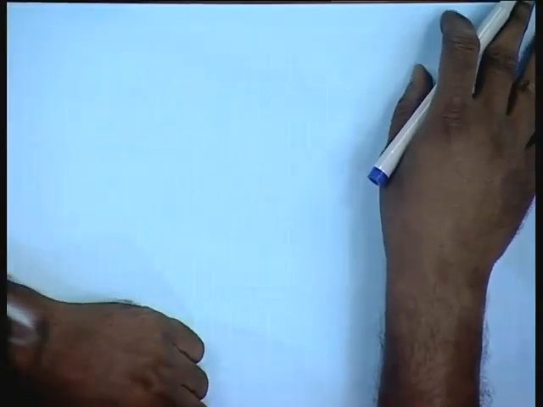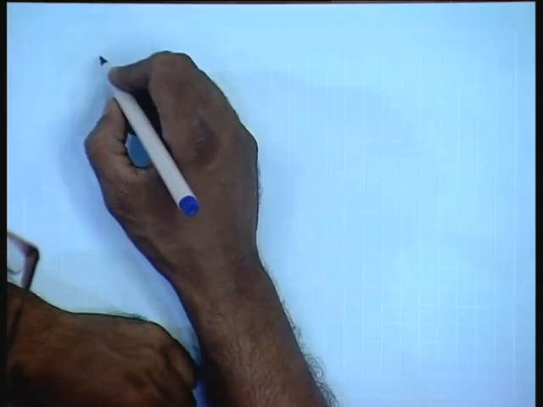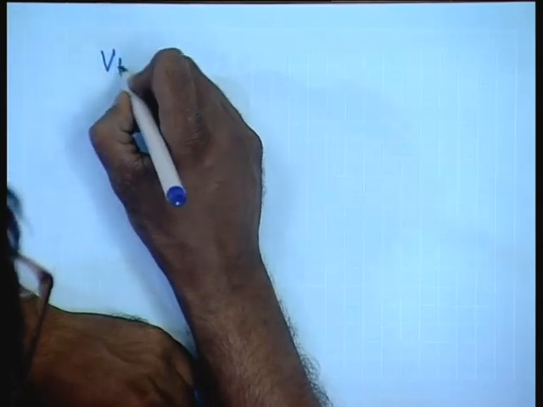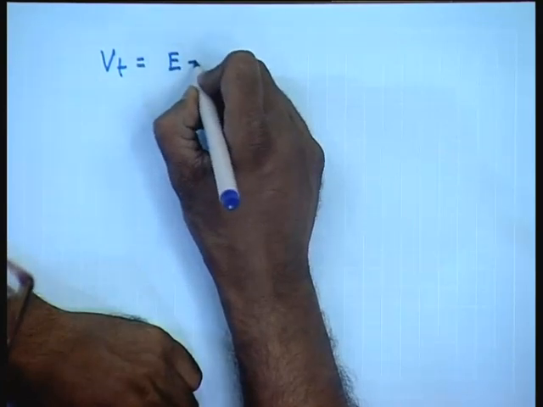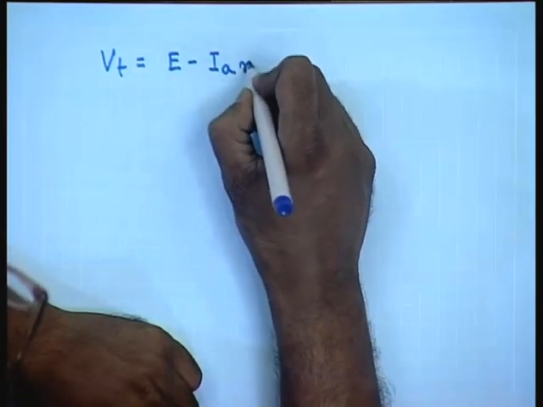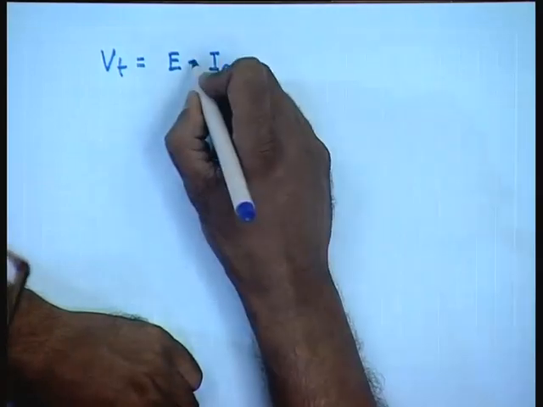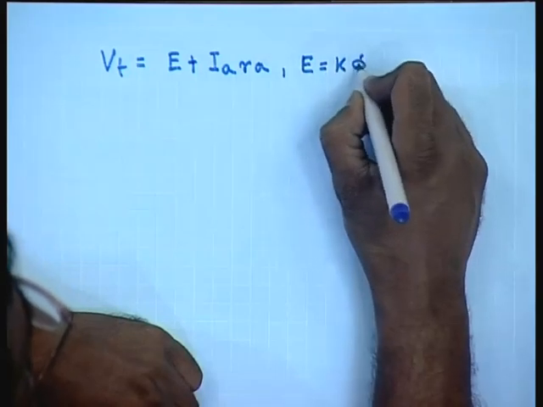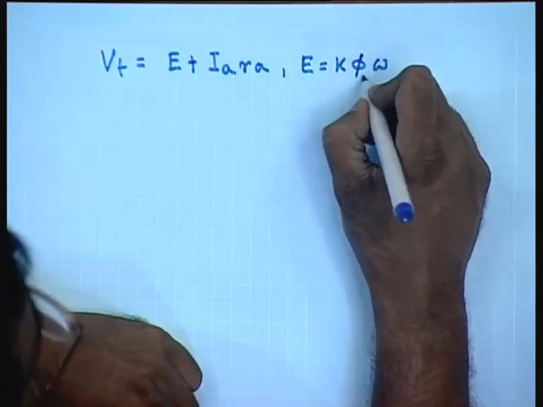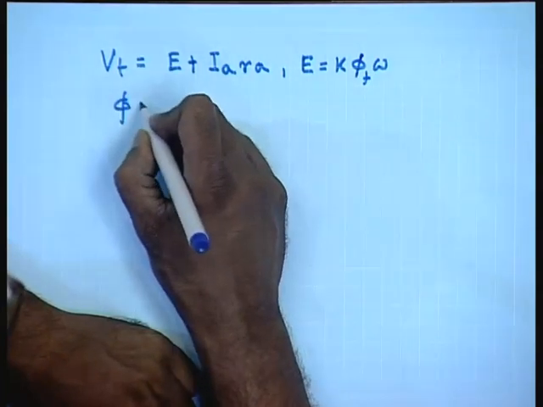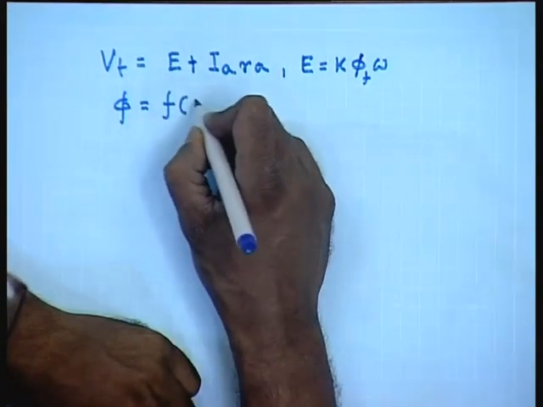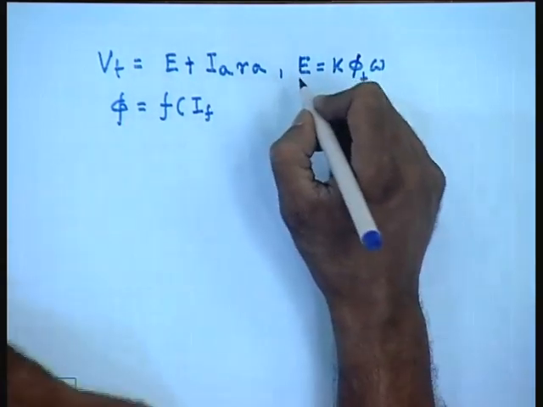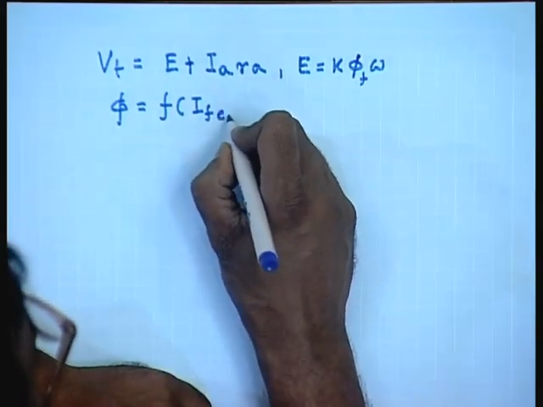Now, so far we have neglected armature reaction. We have written Vt equal to E minus Ia Ra and E plus Ia Ra, and E equal to K phi f omega, or phi f equal to function of If, but when you consider armature reaction, this should be phi f equivalent.